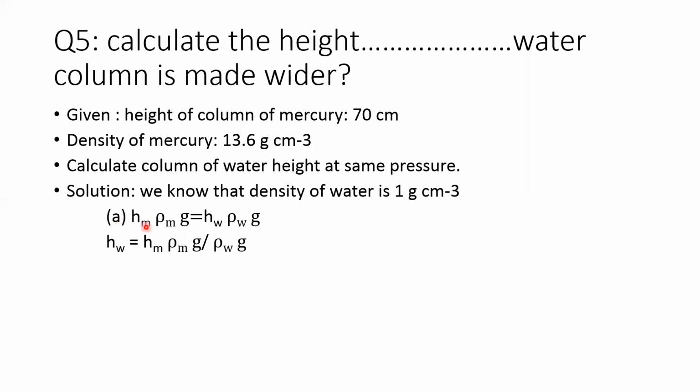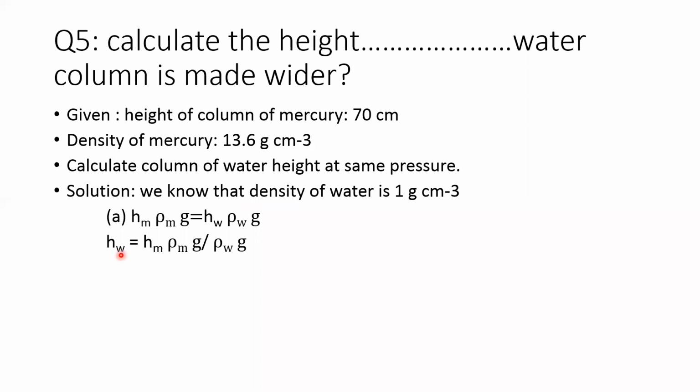It is saying that both water and mercury apply the same pressure. So pressure of water equals pressure of mercury. The pressure of mercury's formula is height of mercury column, times density of mercury, times acceleration due to gravity, equals height of water times density of water times g.